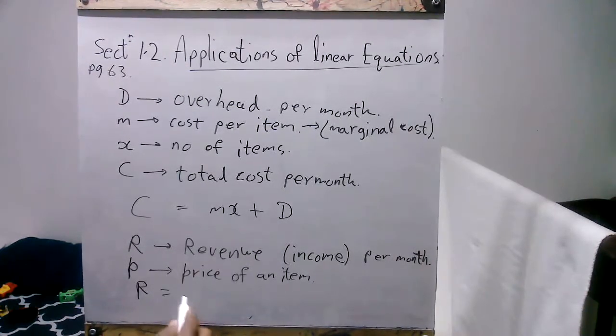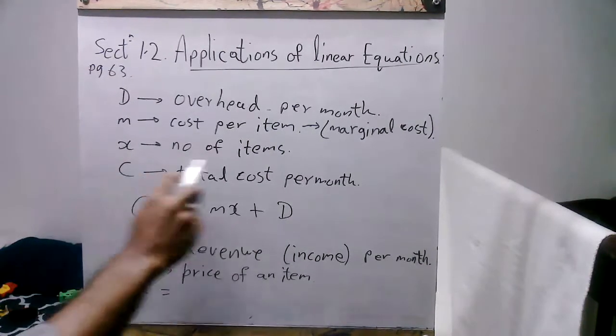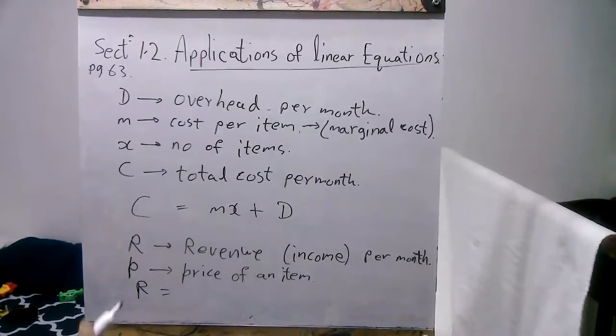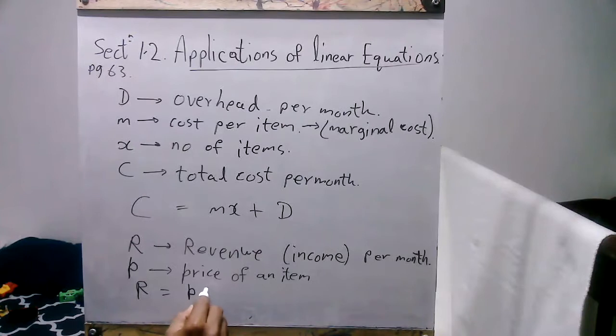Revenue means total income is given by, if you are selling x number of items and the price is simple p, therefore it is simple p times x.